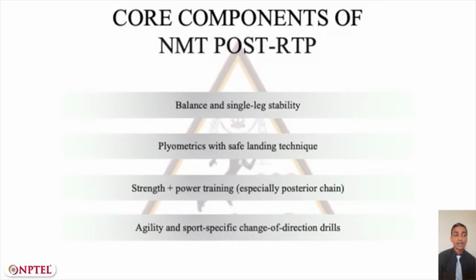Plyometrics with correct landing exercises to train power and neuromuscular control also forms a part of NMT training. Thirdly, it includes strengthening of the posterior kinetic chain and core. This helps to improve the posture and decrease the injury to peripheral structures.